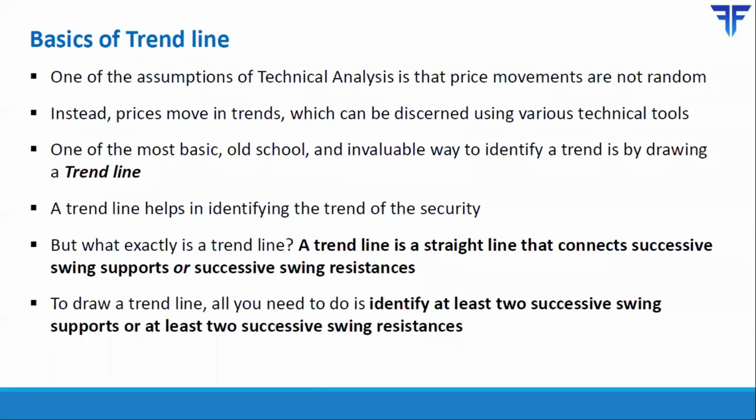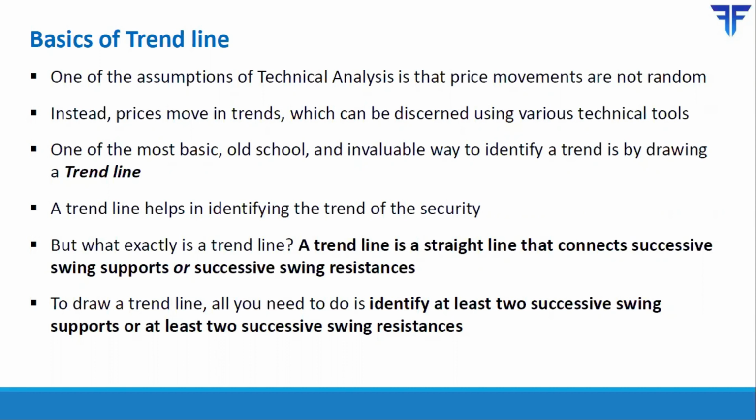But before we get to the stage of talking about each of the three types of trend lines, let us first understand what a trend line is and what is the major purpose for which a trend line is used. Primarily speaking, a trend line is nothing but a line.